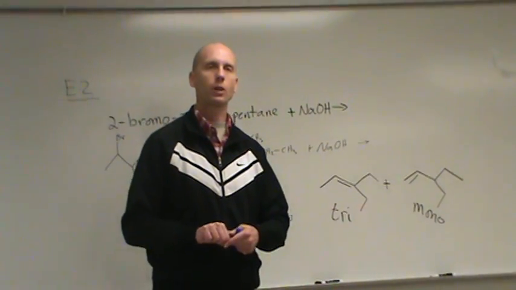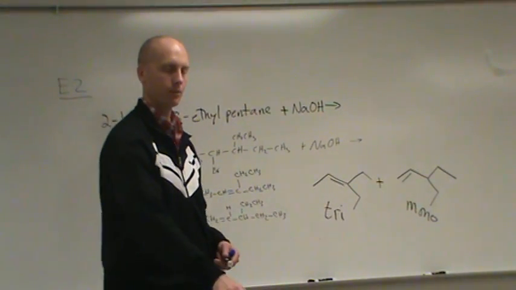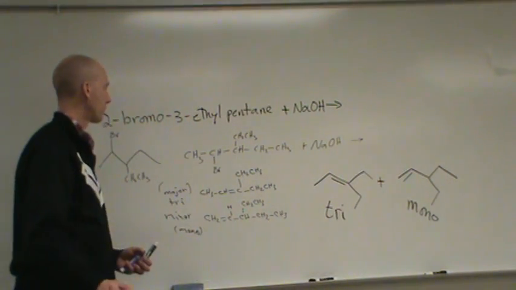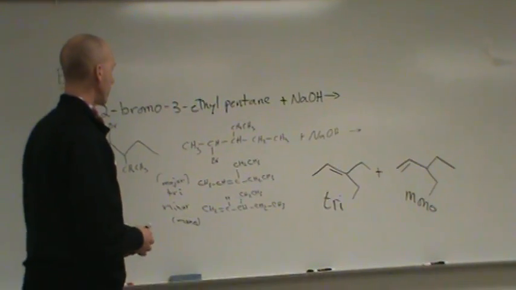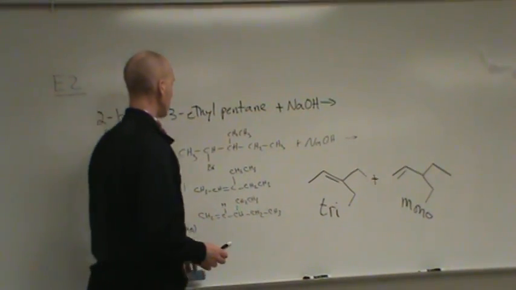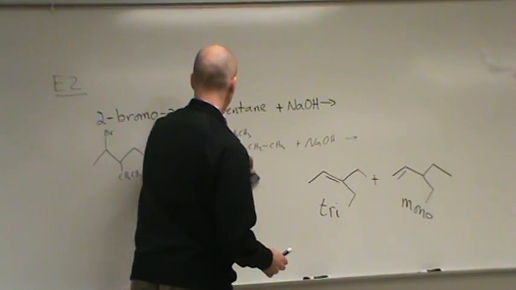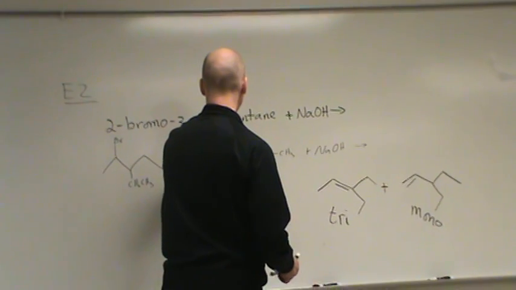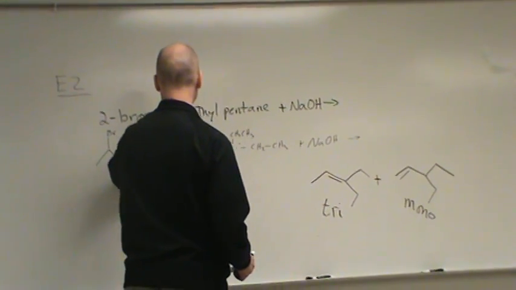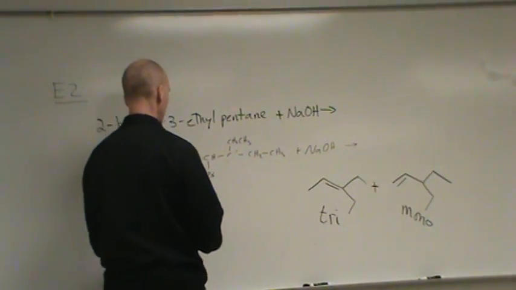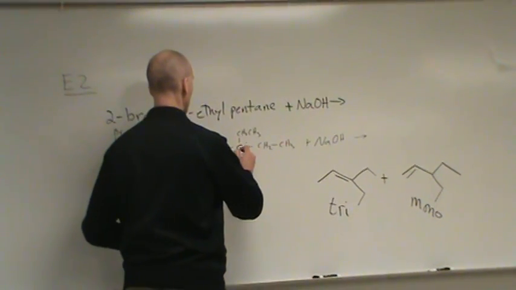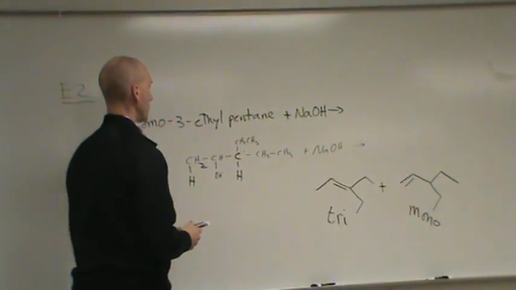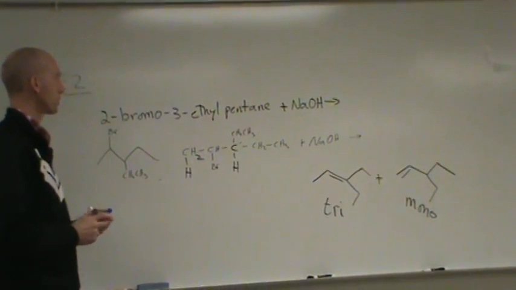Any questions at that point? Could you go back a step and show me where the arrows are leading away from, like the leaving group, because I don't see where the beta hydrogen is coming from. Yeah. So let's highlight them here. So there are the two beta hydrogens to attack.